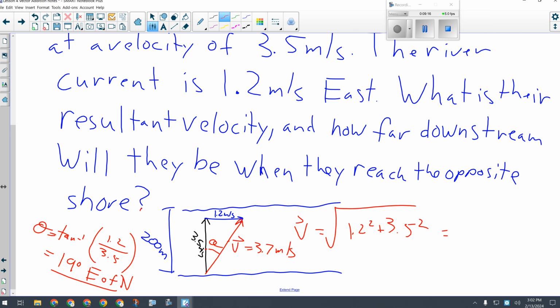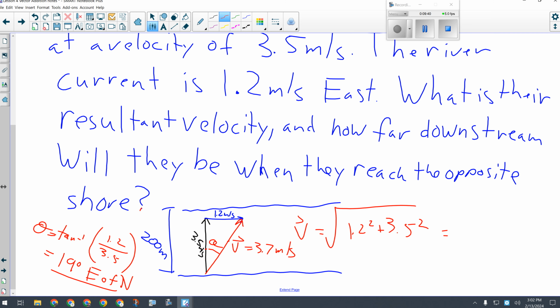Does that mean when they get to the other side, they're going to be downstream a little ways? With the information we have in this question, before I do it, see if you can calculate how far downstream they're going to end up. I will give you a little hint.